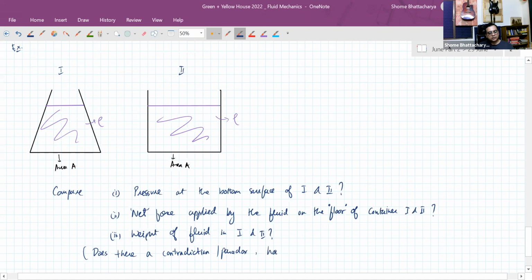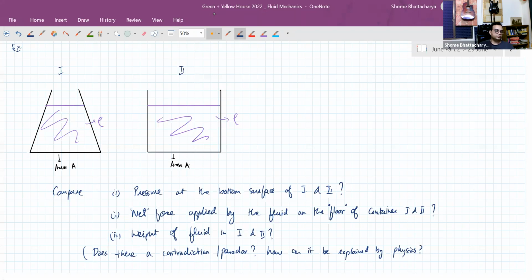And how can it be explained? So if you feel that there's some kind of a contradiction, then what is the correct explanation for that? We'll just try this out. It's an interesting problem we'll discuss.